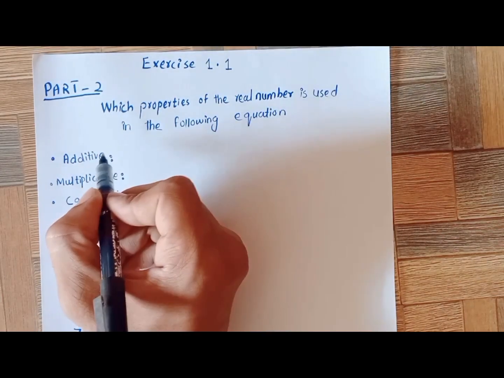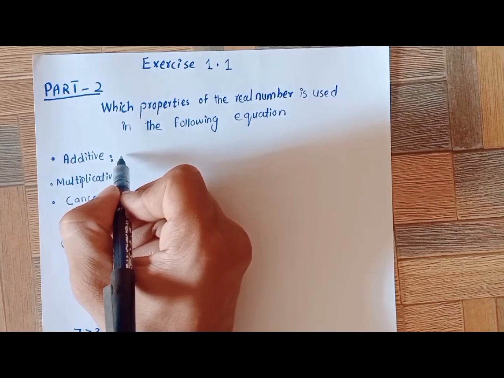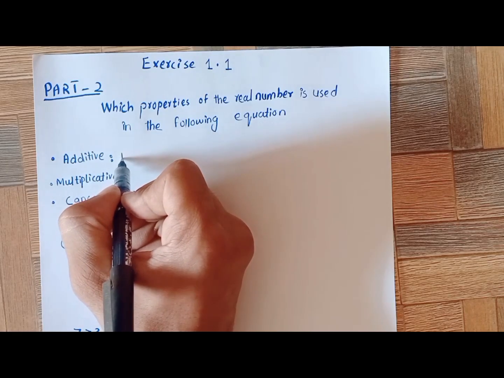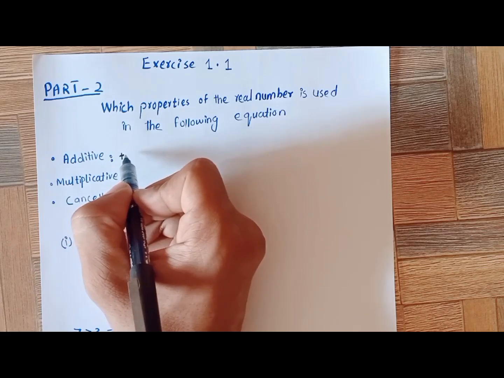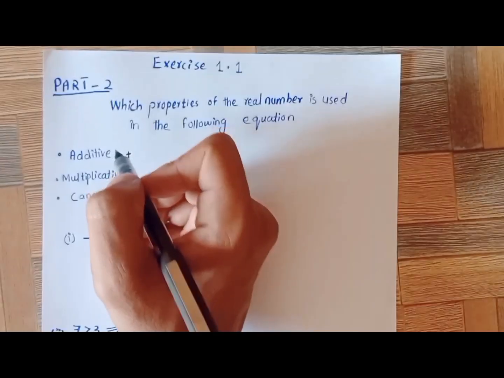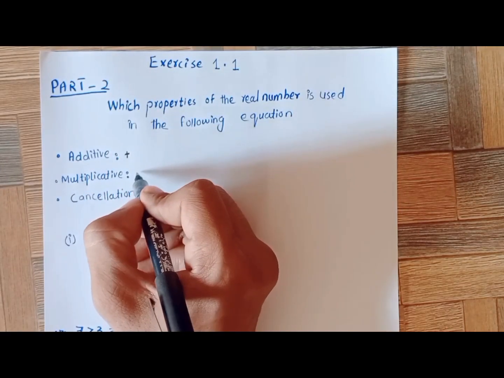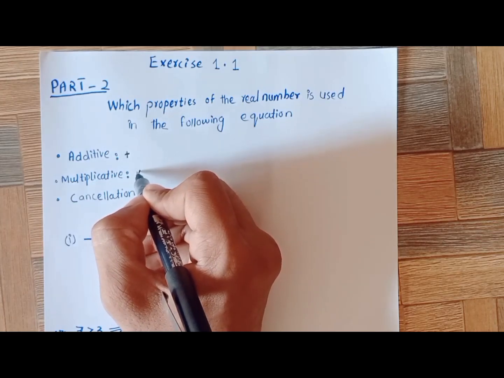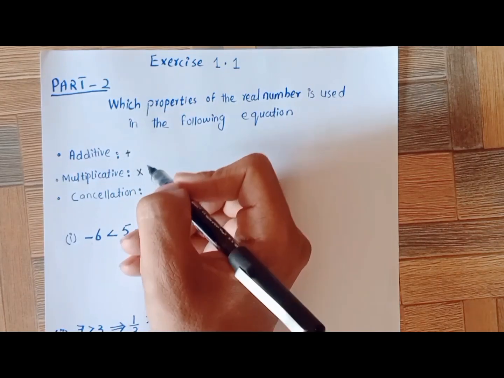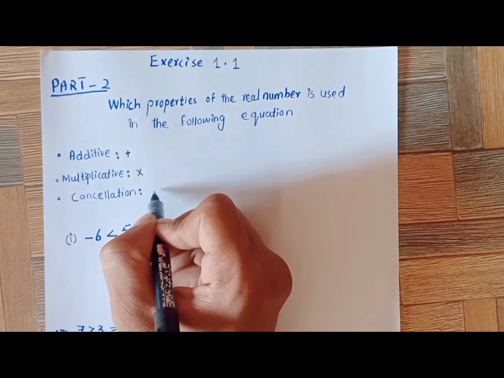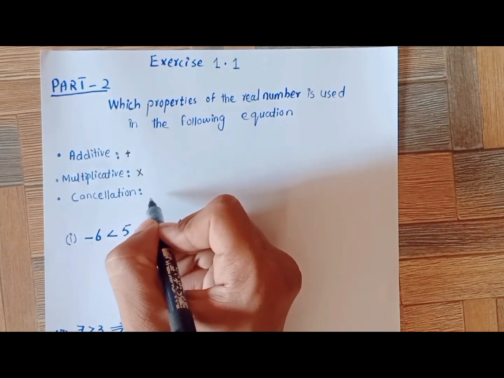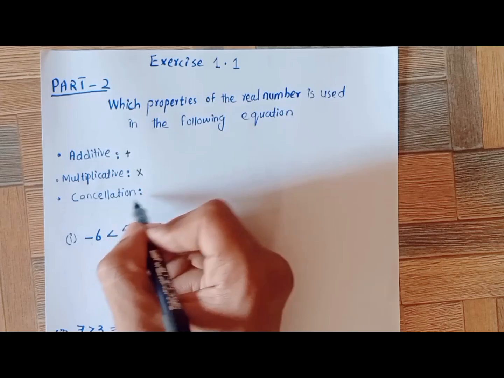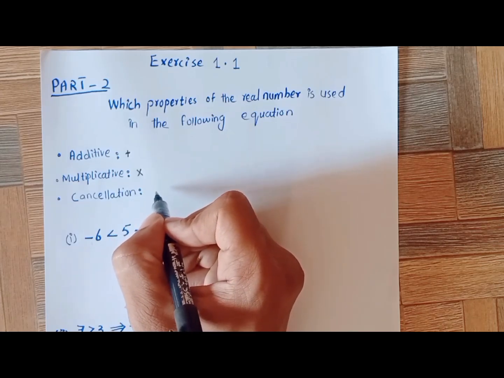The first one is additive property, where addition is used, so the plus sign will be used. Then multiplicative property, where multiplication is used, so expressions will be multiplied. And in cancellation property, we will cancel the number or equation.